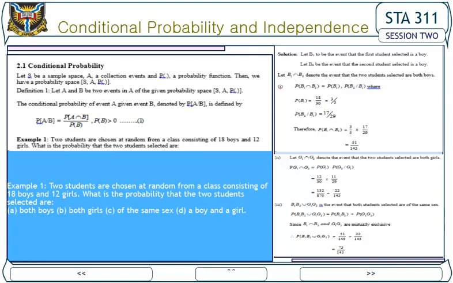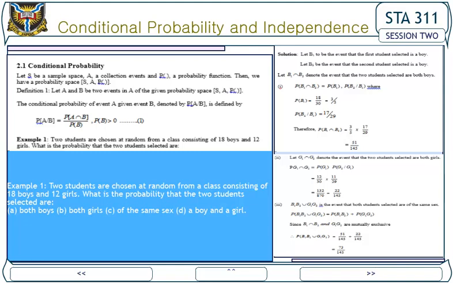Example 1. Two students are chosen at random from a class consisting of 18 boys and 12 girls. What is the probability that the two students selected are (a) both boys, (b) both girls, (c) of the same sex, (d) a boy and a girl? Solution. Let B1 be the event that the first student selected is a boy.